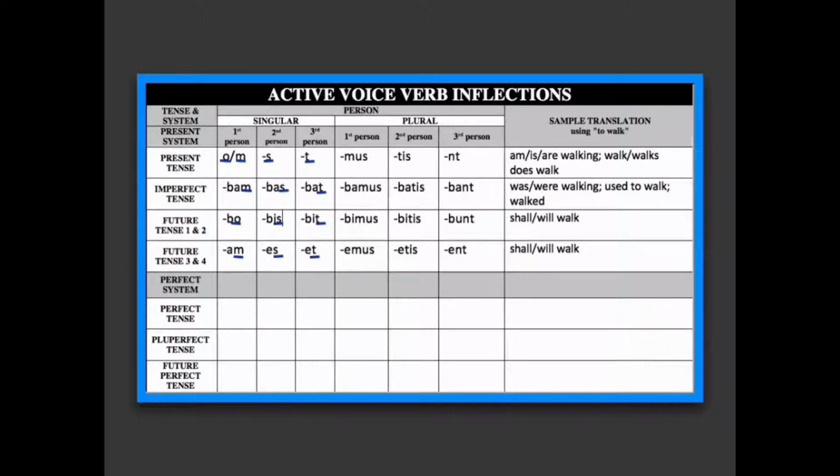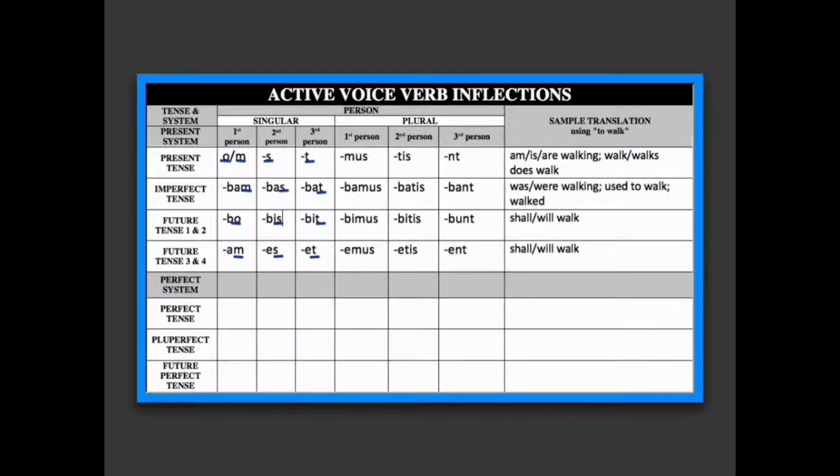Now we are going to review the first person plural ending. First person plural represents the subject we. Whenever we see mus as the inflection on a verb, it will have the subject of we.